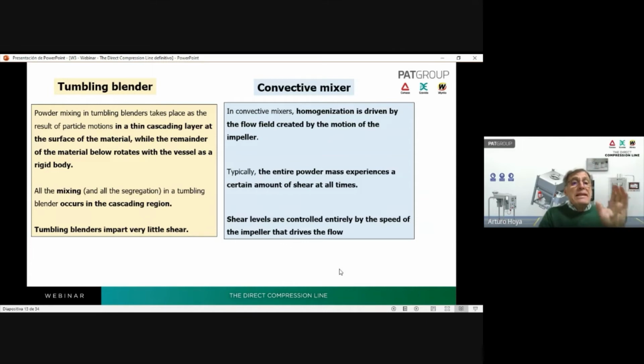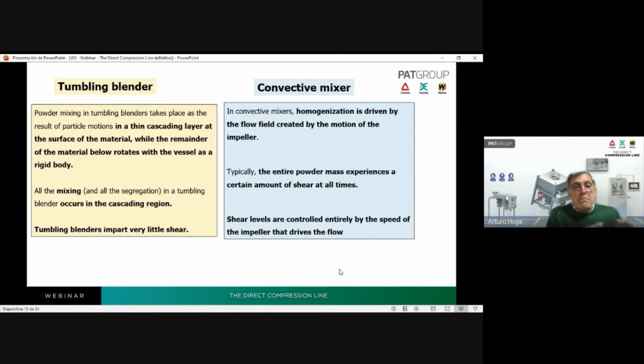For example, in a tumbling blender, the powder mixing takes place as the result of particle motion in a thin cascade layer at the surface of the material, while the remainder of the material below this layer rotates with the vessel as a rigid body.